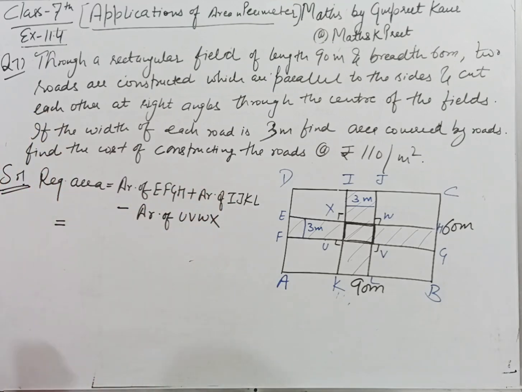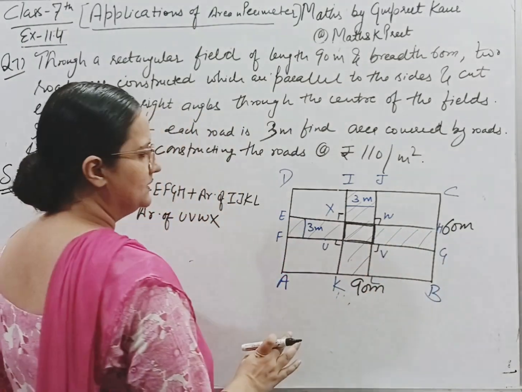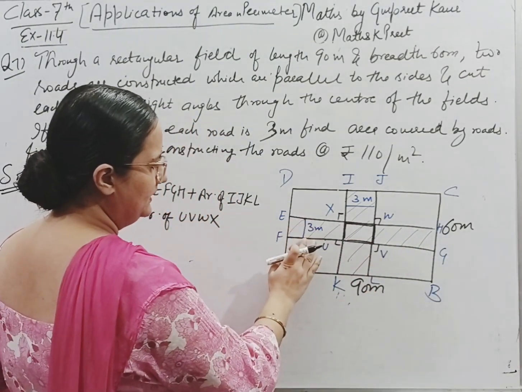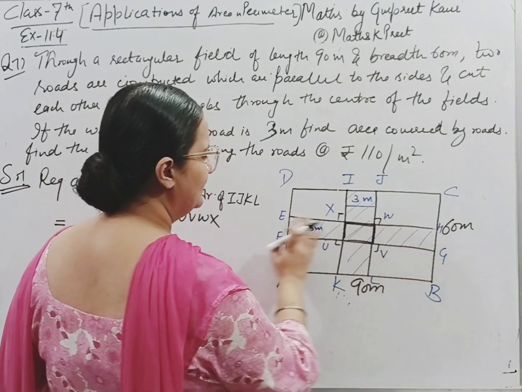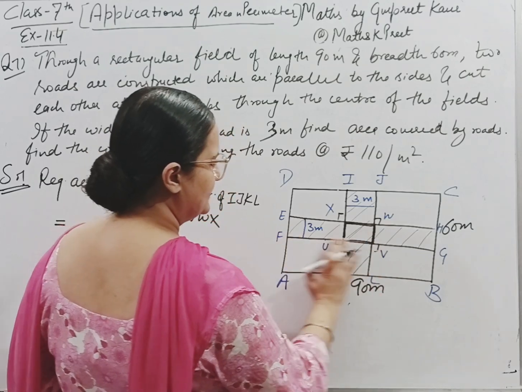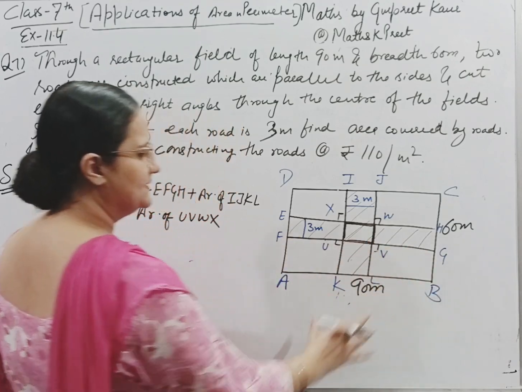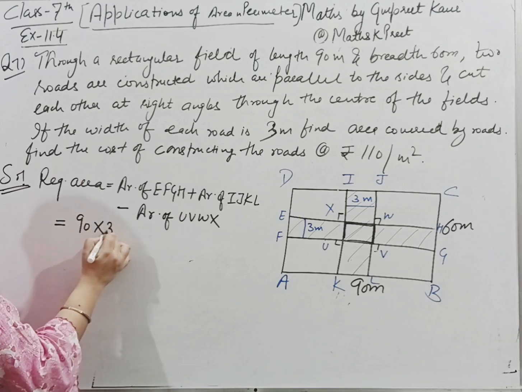So what is the area of EFGH? The breadth is 3 for this rectangle, and the length FG is the same as AB, which is 90. So the area is 90 into 3.